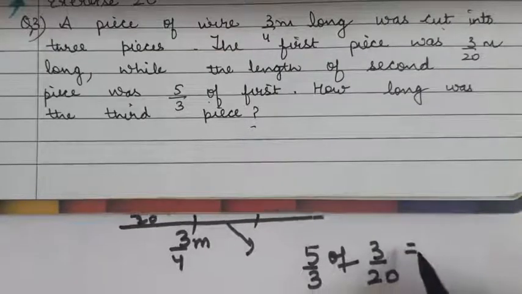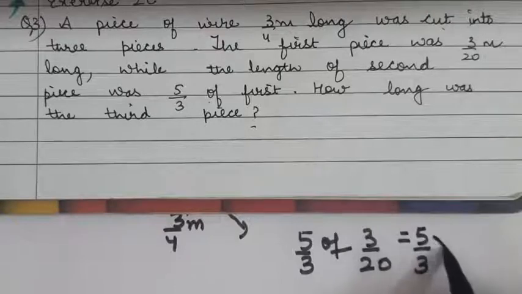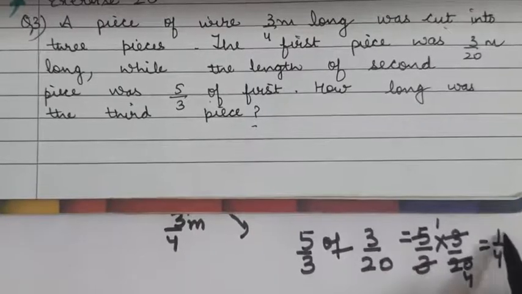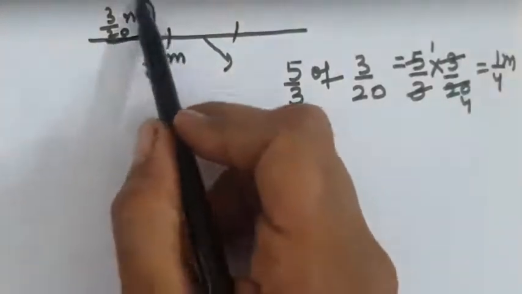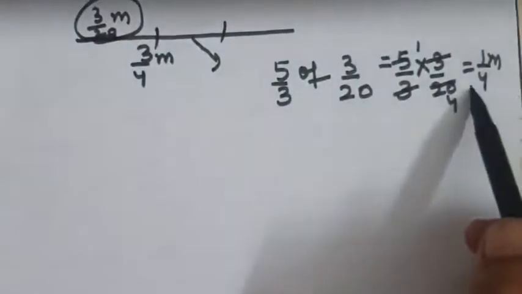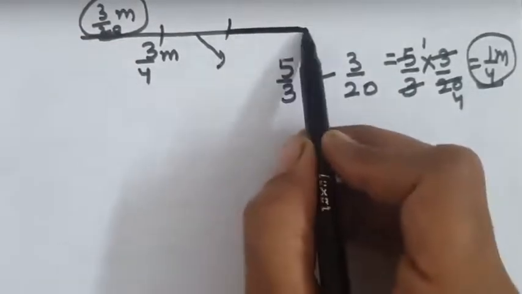So it means the length of the second piece will be, after cancelling, 1/4 meter. So now we have the length of the first piece and the length of the second piece, and we have to find the length of the third piece.